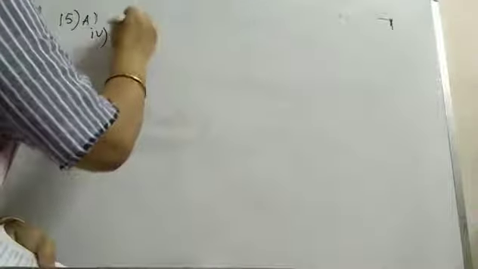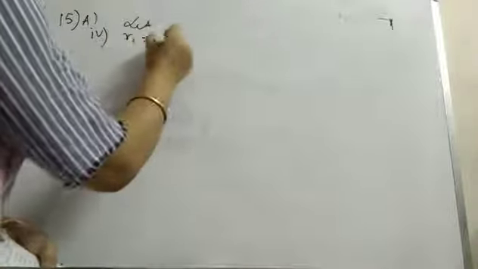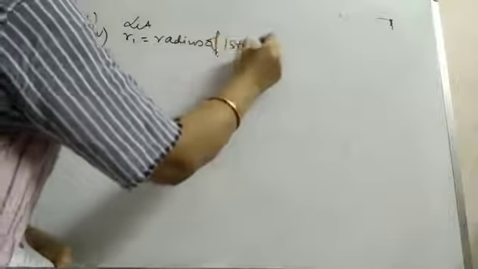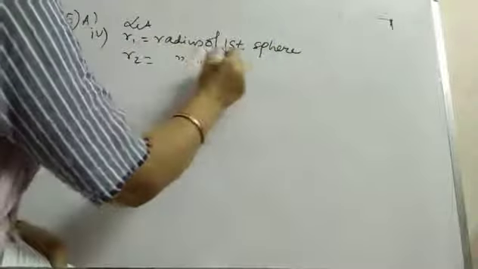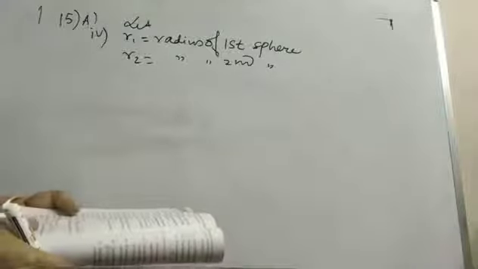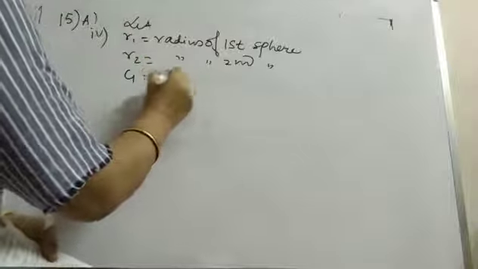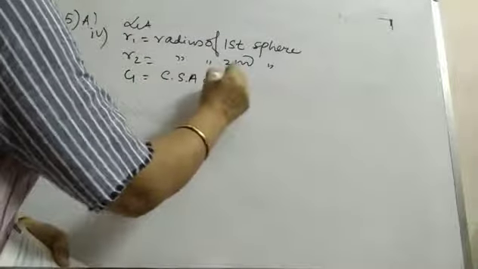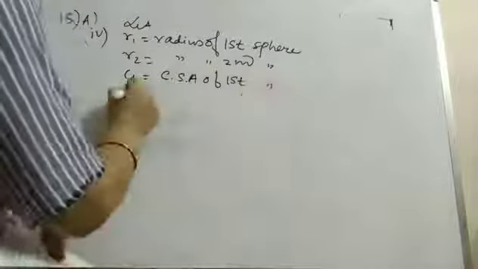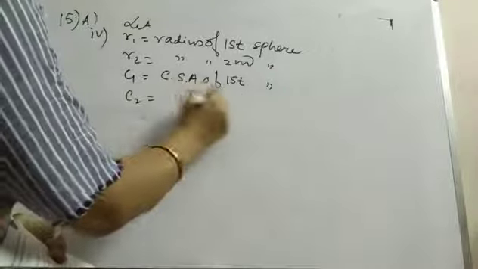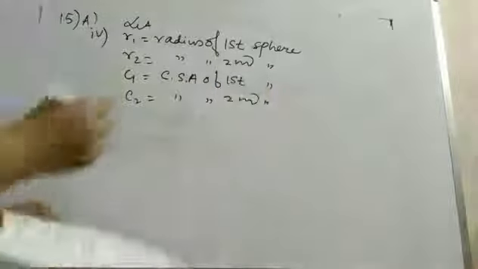Let R1 equal the radius of the first sphere, R2 equal the radius of the second sphere, C1 equal the curved surface area of the first sphere, C2 equal the curved surface area of the second sphere.